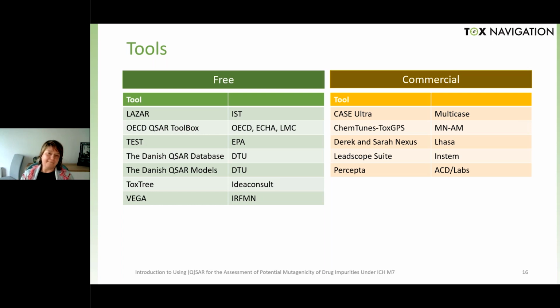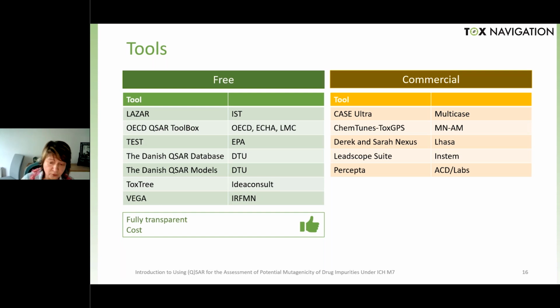Now, which are the features and the pros of using freely or commercially available models? For the freely available ones, of course, cost is one, because they are free, so it's very good, and they are fully transparent in the sense that algorithms and training sets are published and available, and the authorities like this fact because they can understand completely what your model is and which type of information your model is using.